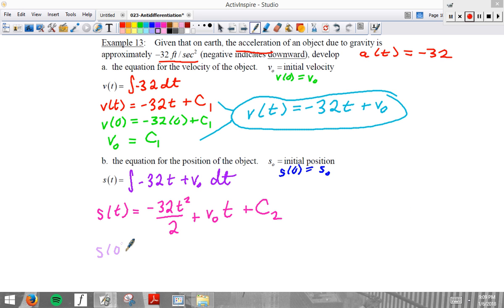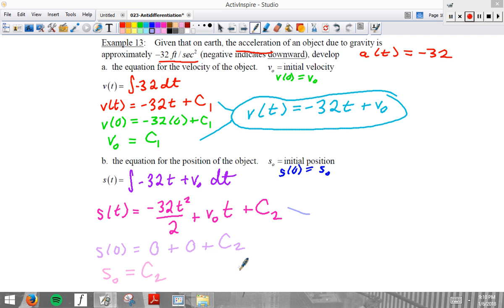The same process as the last three problems. That would all be 0. That would all be 0. That would be C2. So S sub 0 is just C2.